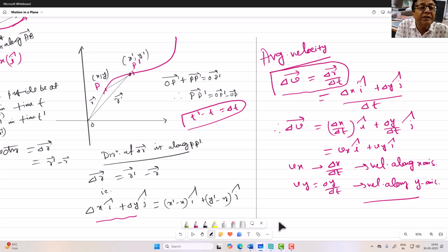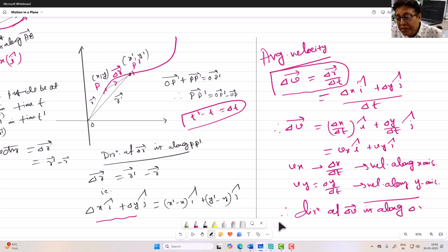Now, delta V, see, here the vector is in this part. Delta r by delta t. Delta r is in this direction. So, what is the direction of delta V? The direction of delta V is along delta r. This is very important to note. The velocity vector is along the displacement vector.